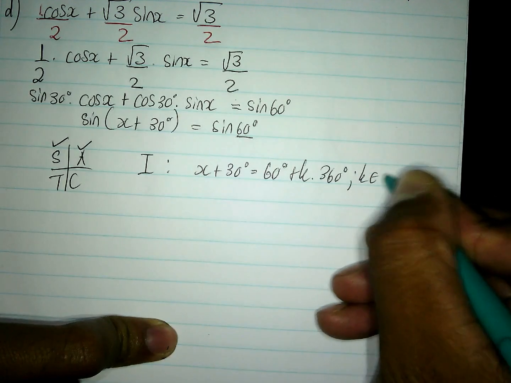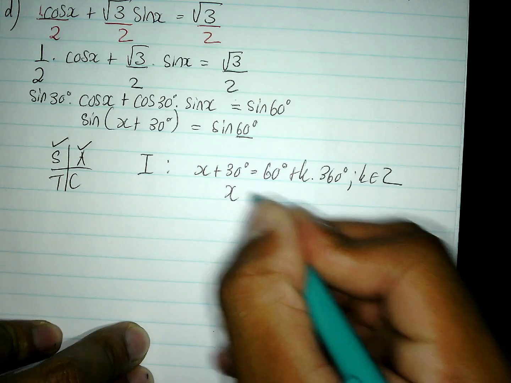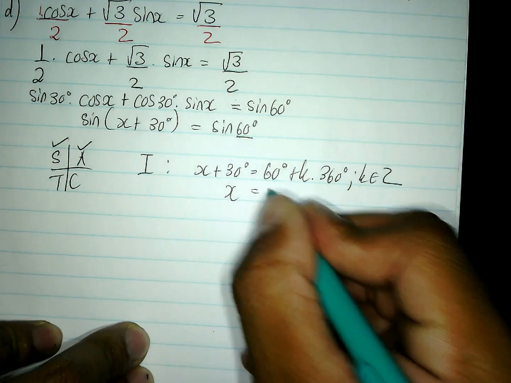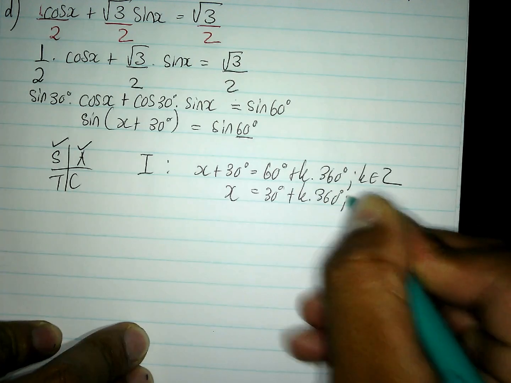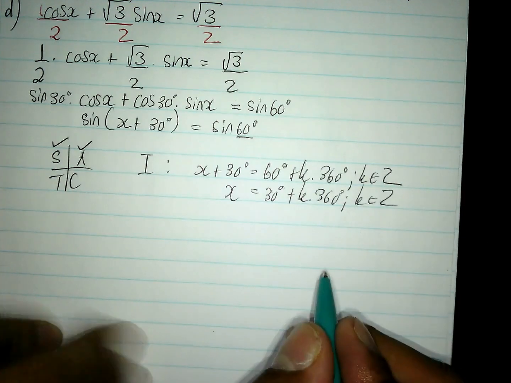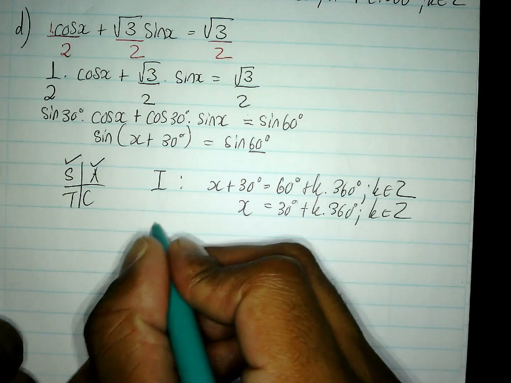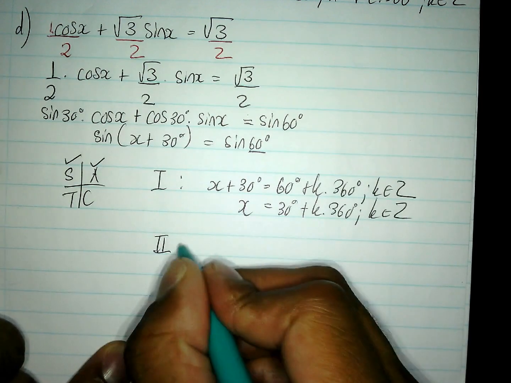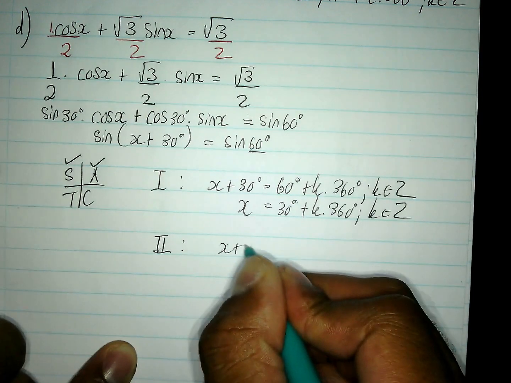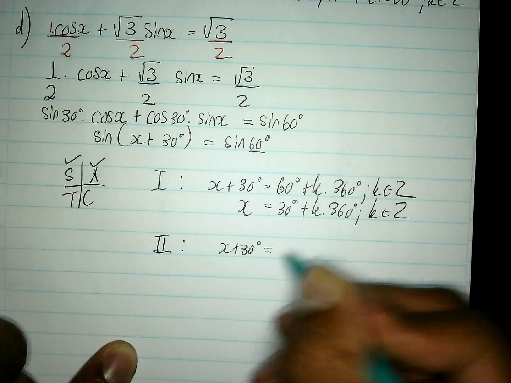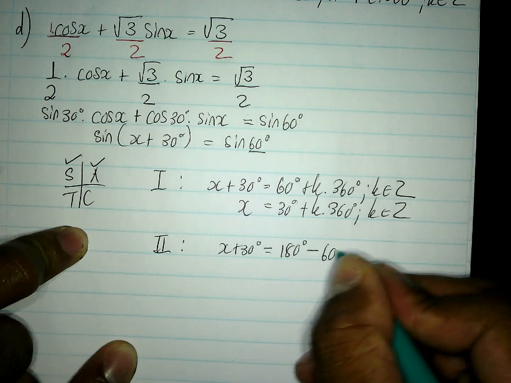Then you're going to transpose 30 degrees to the other side, so it's going to give you 30 degrees, k 360, right? Then from there you're just going to go to your second quadrant, so it's going to be x plus 30, then 180 minus your ref angle, which is 60.